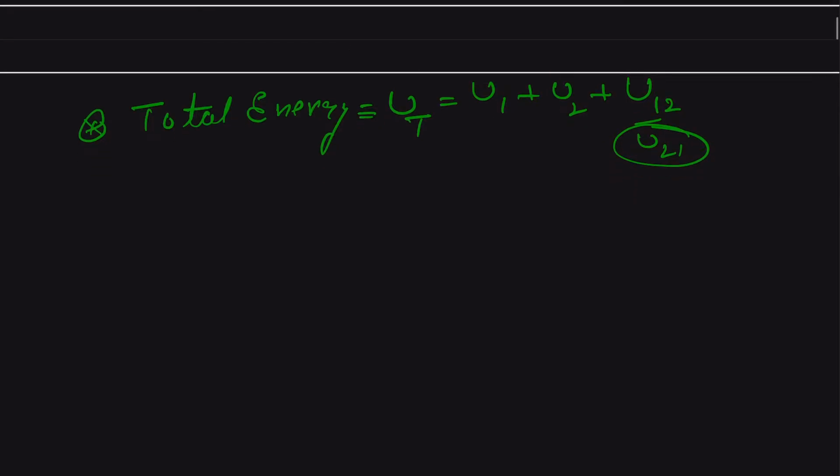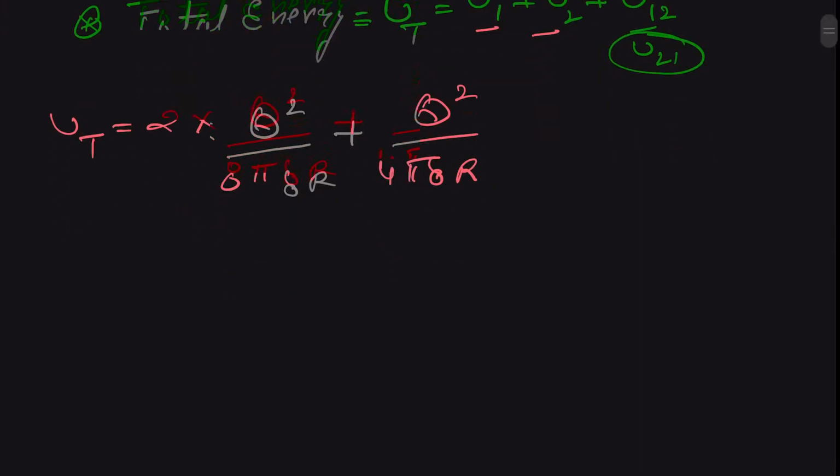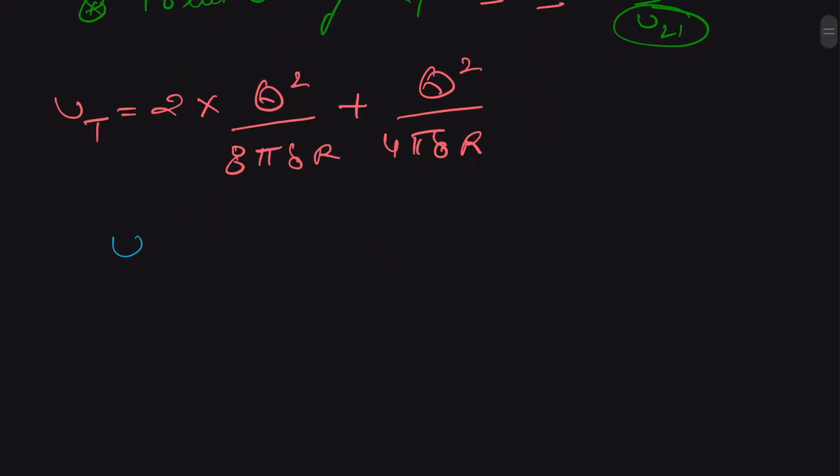So we get UT, that is total energy, will be equal to, this U1 and U2 are same, so we can just write it as twice Q square upon 8 pi epsilon times R plus, and the last part is Q square upon 4 pi epsilon times R. So from here we get that our total energy associated with these two shells will be, this cancels by 4, so this will be 2 times this relationship, so it comes as Q square upon 2 pi epsilon times R.